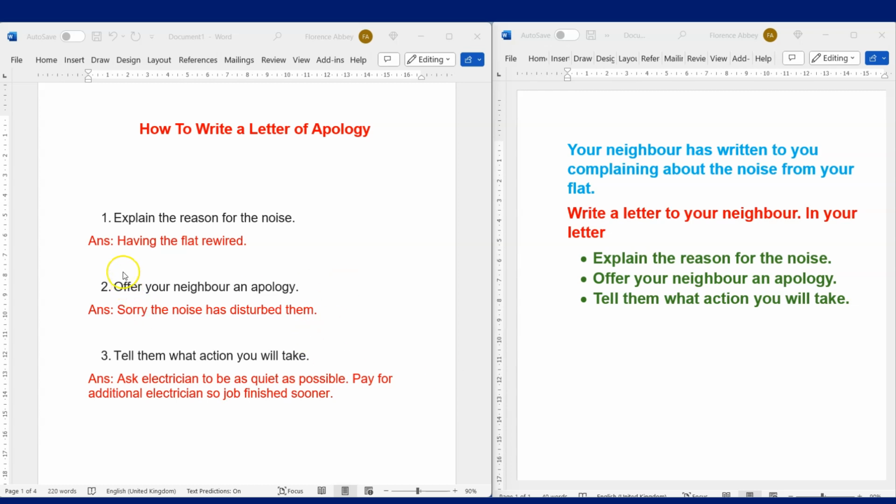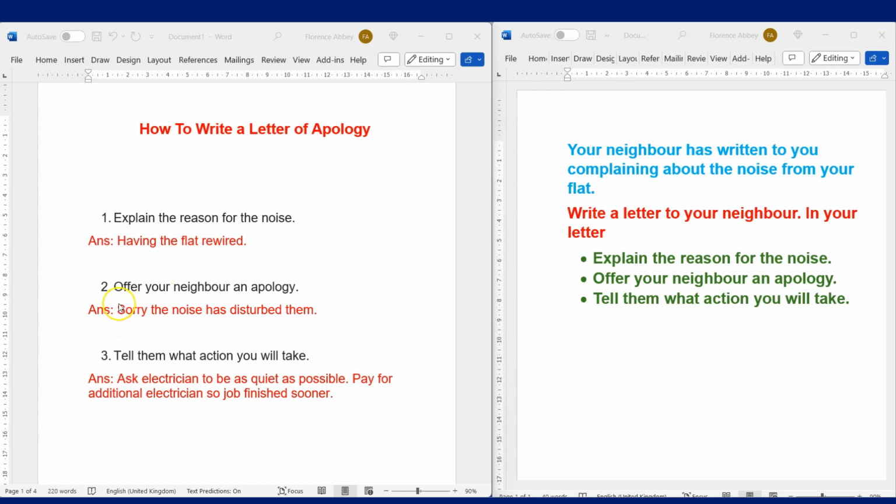So these are some of the answers that we have provided for this letter. The reason for the noise is that we are having our flat rewired. So maybe we are going to rewire our flat, so that's why there is a noise in our flat.